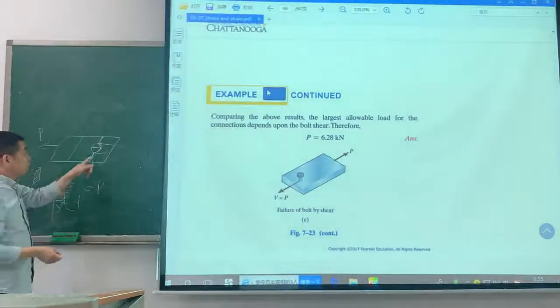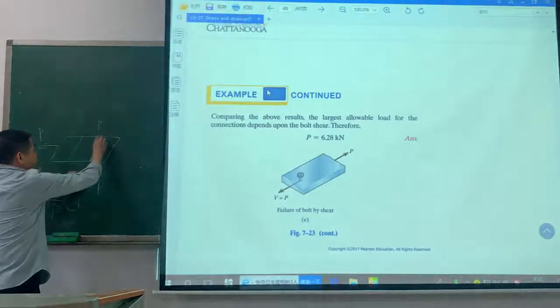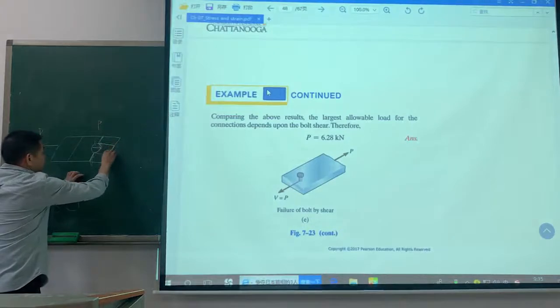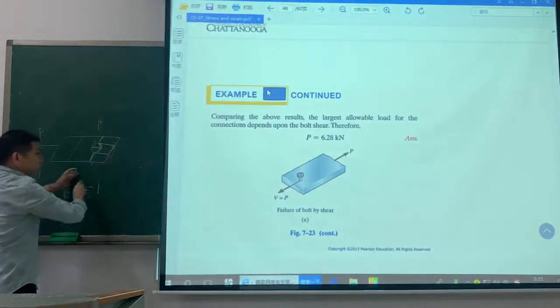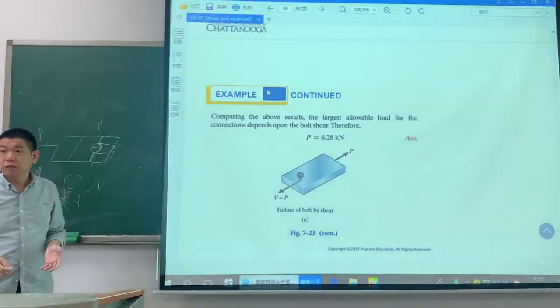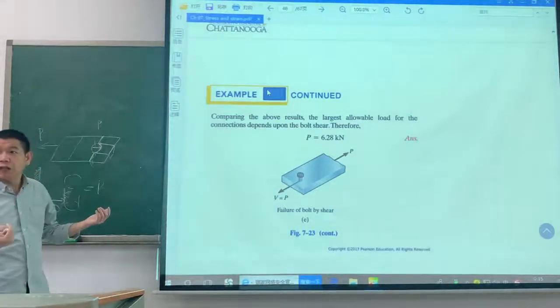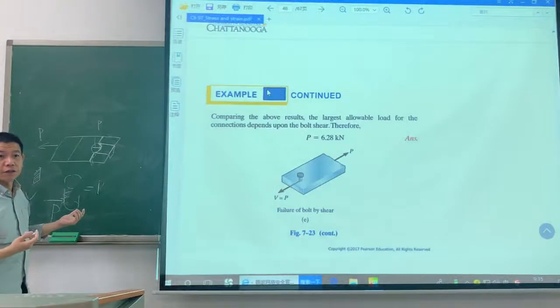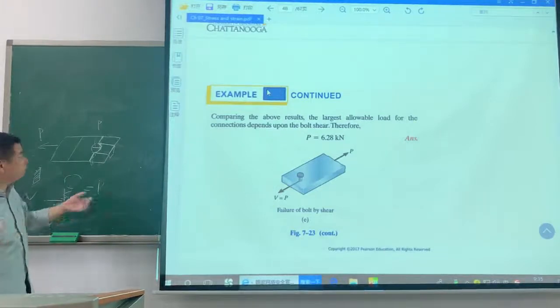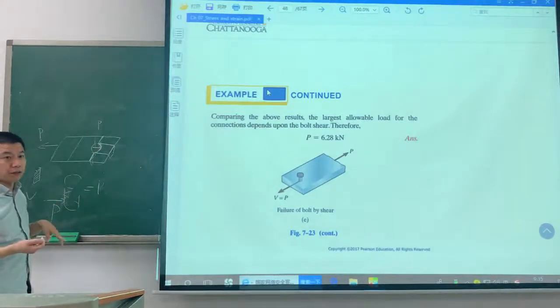This part may be lost, separated away by P. Yes or not?